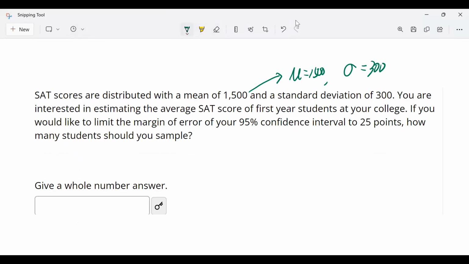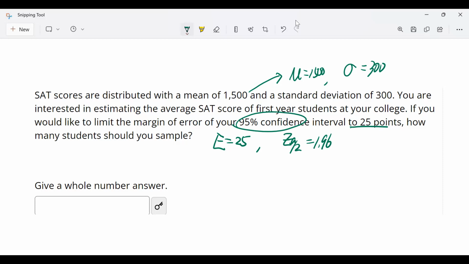You are interested in estimating the average SAT score of the first year students of your college. You would like to have a margin of error of 25 points, and 95% confidence. That tells us the critical Z score is 1.96.